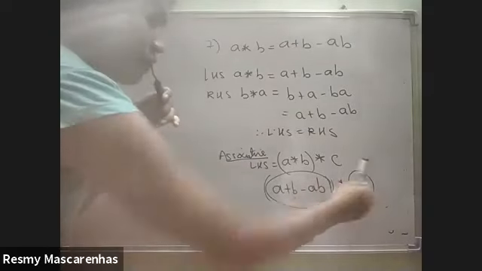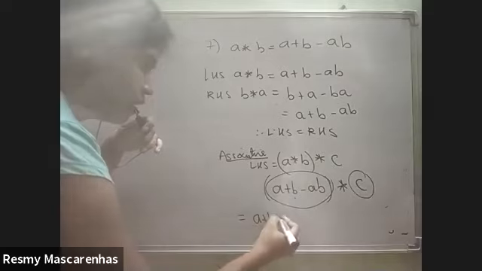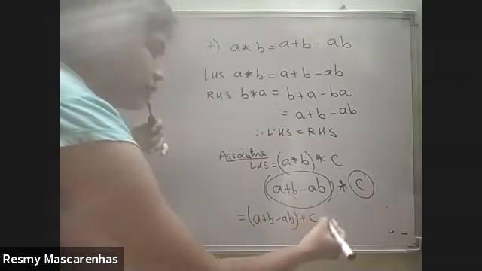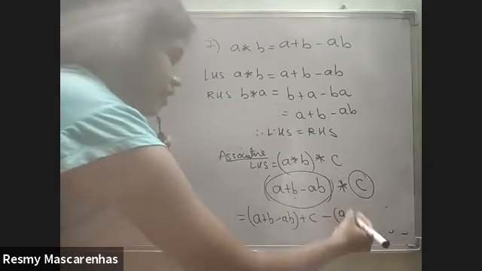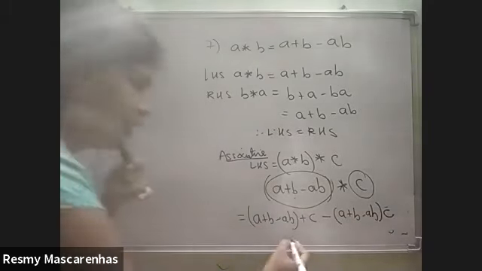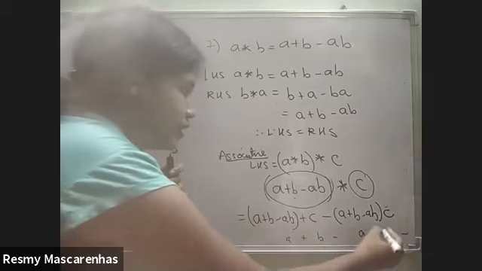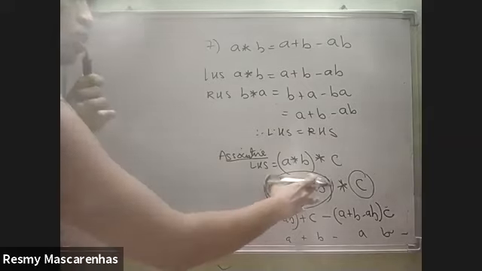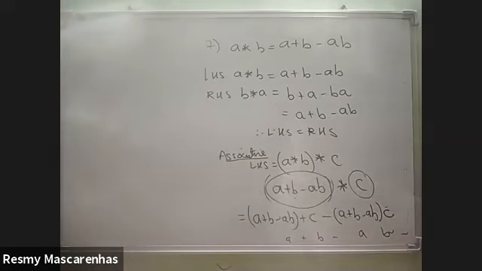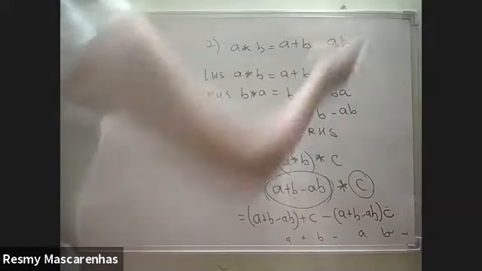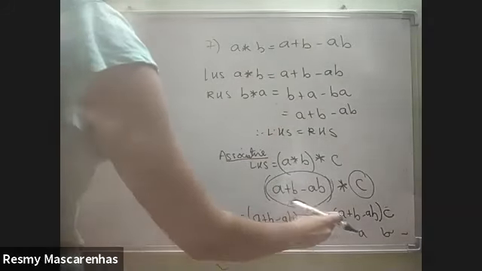So A star B will be A, meaning this full thing, plus B minus A into B. What is A? This full thing. And what is B? This. So just use the main formula, consider this to be A, consider this to be B, and put everywhere. So instead of A, this will come A plus B minus AB.